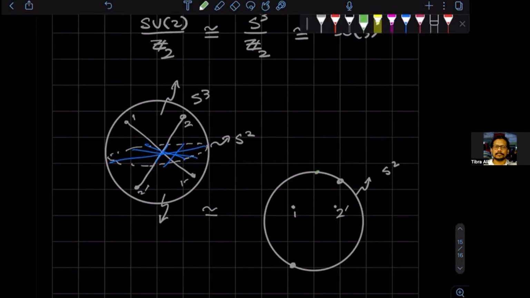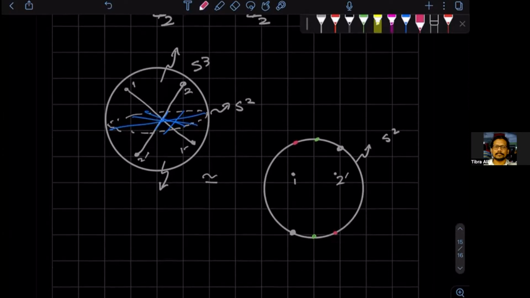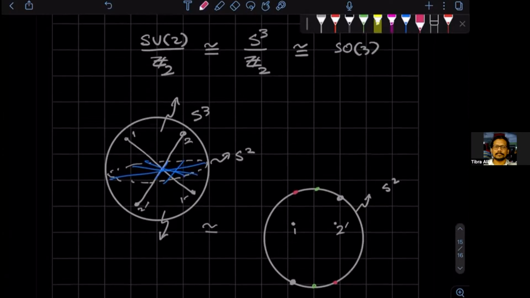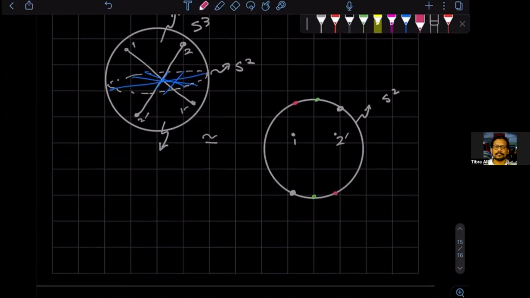This point is identified with this point. Okay, so we have a 3-dimensional disk-like thing, but with its boundary is an S2 where the opposite points are identified, where the antipodal points are identified. Okay.